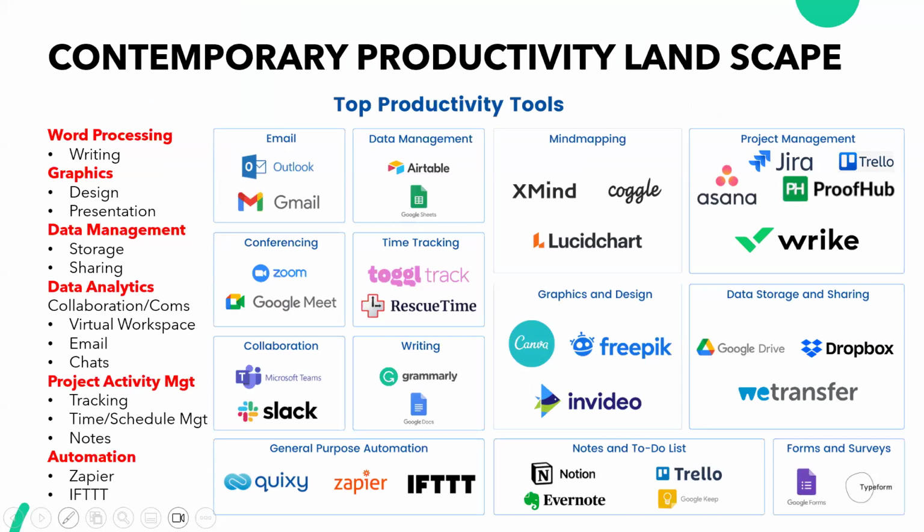Like I said, the list is not exhaustive, but there are other tools that you can access on the cloud. I have to mention this: email, data management, mind mapping, project management, conferencing, Teams. You see Teams there, Grammarly, Pixie, Zapier, and all these icons are actually products developed for us to carry out a specific task.